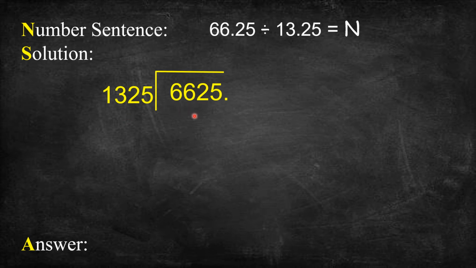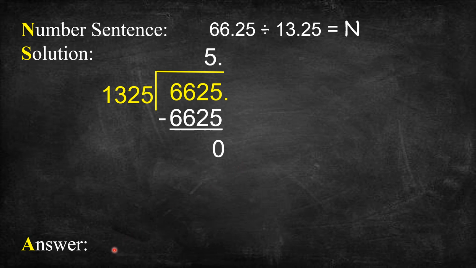And 6,625 divided by 1,325 is equal to 5. So, yung 5 times 1,325, that is equal to 6,625. And then, if you subtract that, you will get an answer of 0. 0 na yung remainder at wala ka nang pwedeng i-bring down. Therefore, nakuha na natin yung ating answer.